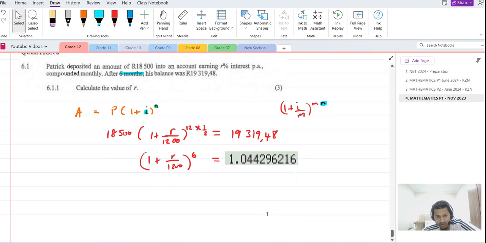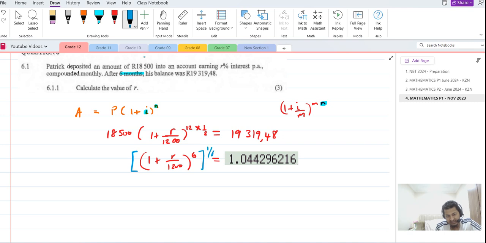Now I'm going to take the 6th root, or raise both sides to the power 1 over 6. So raise this side to the power 1 over 6 and raise this side to the power 1 over 6. After I raise it to the power 1 over 6, I'm going to subtract 1 and then multiply by 1200 because I know that is out.